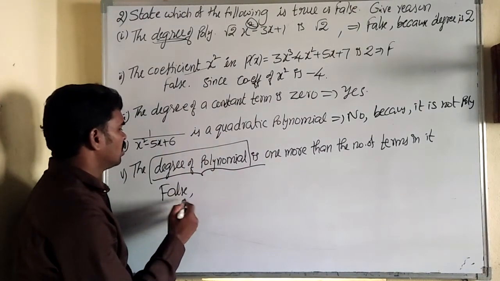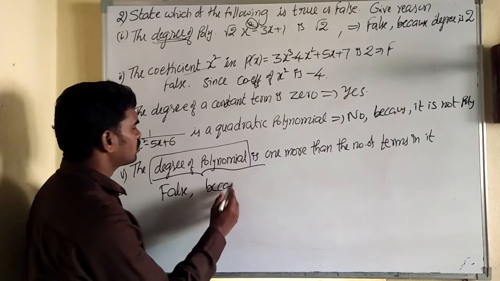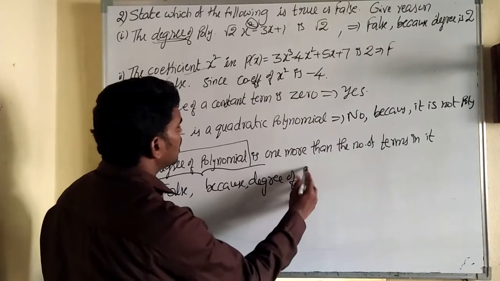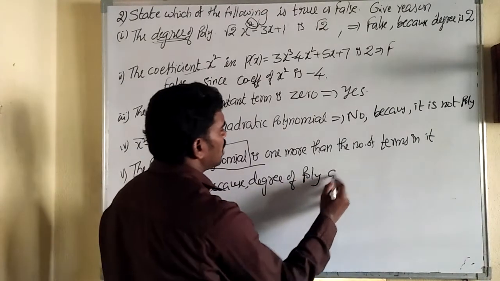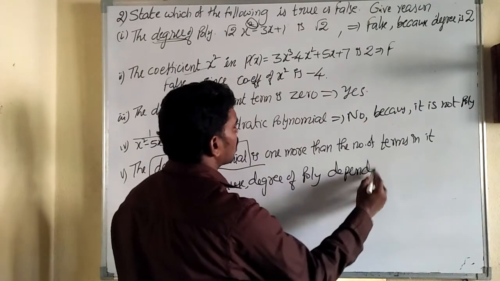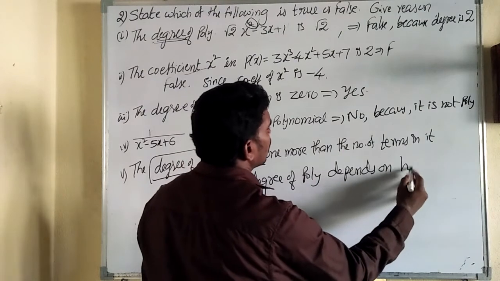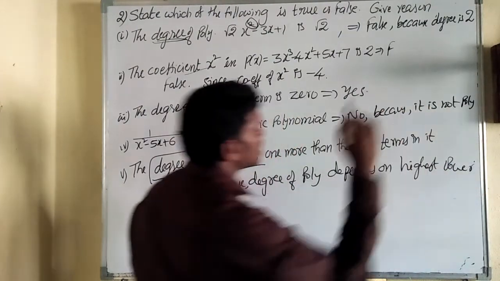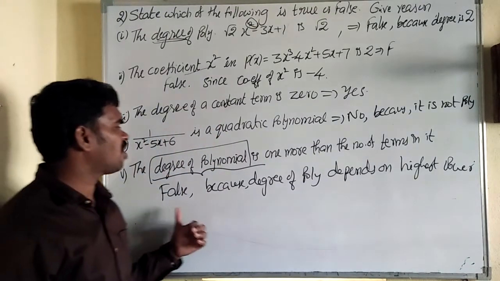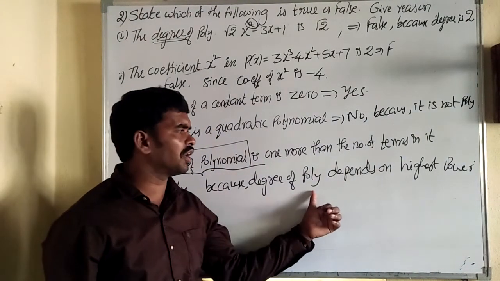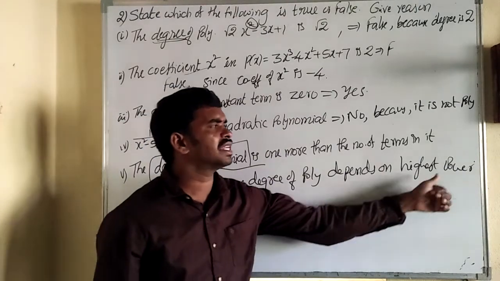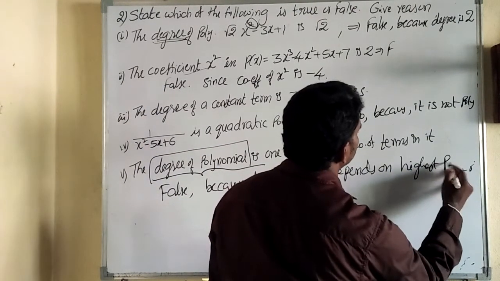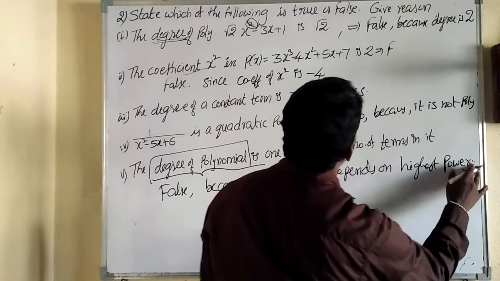No. False, because the degree of a polynomial depends on the highest power. Yes, this is the answer. The false, because the degree of polynomial depends on the highest power.